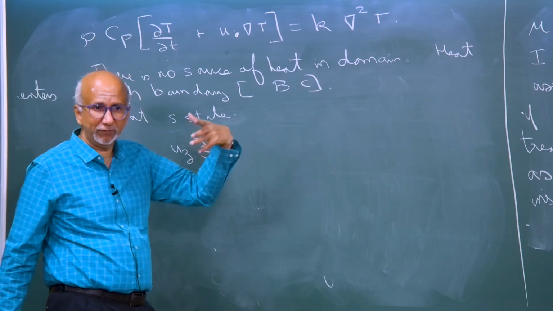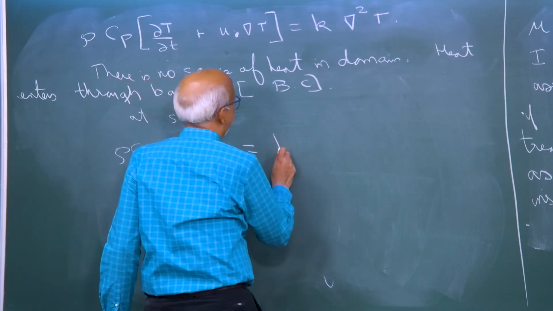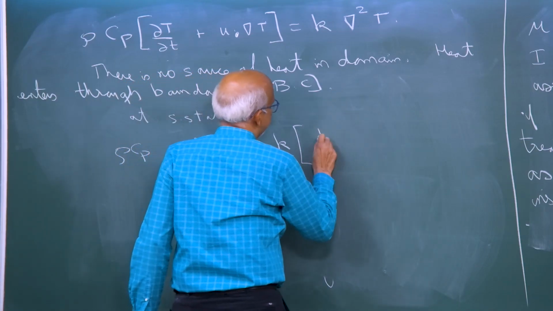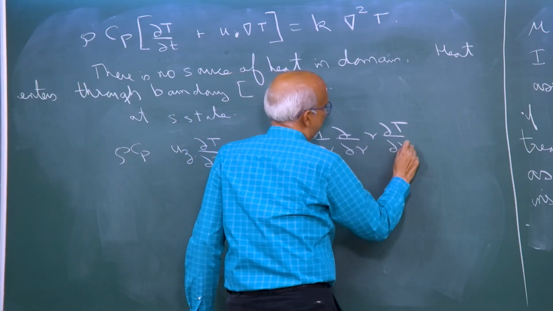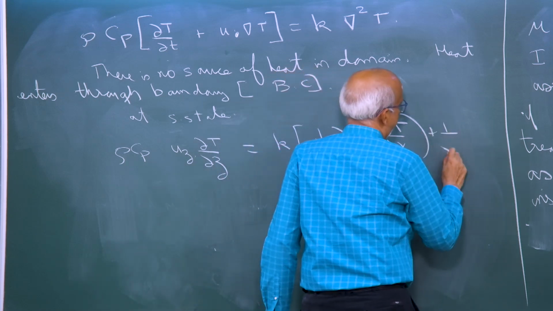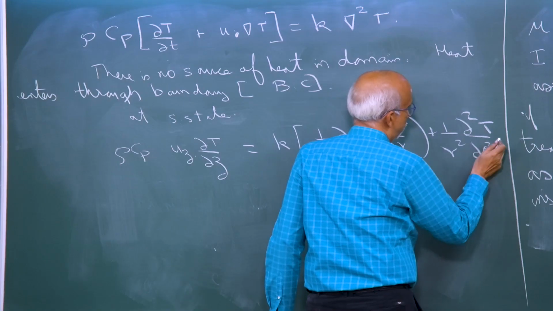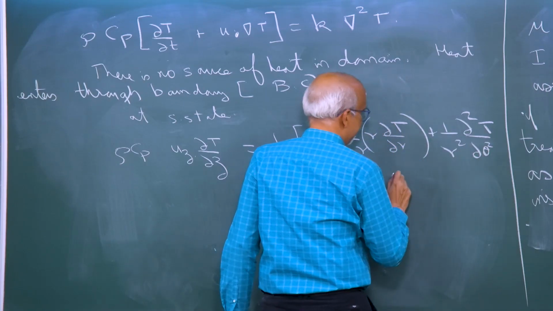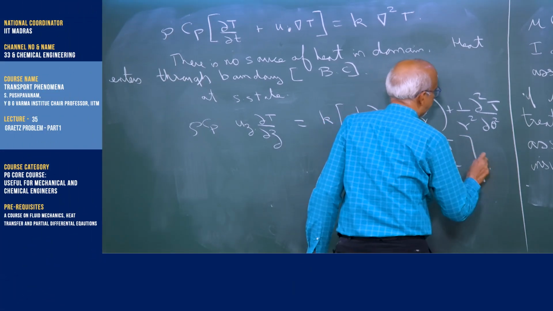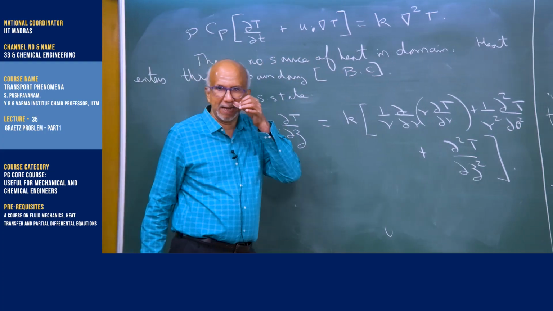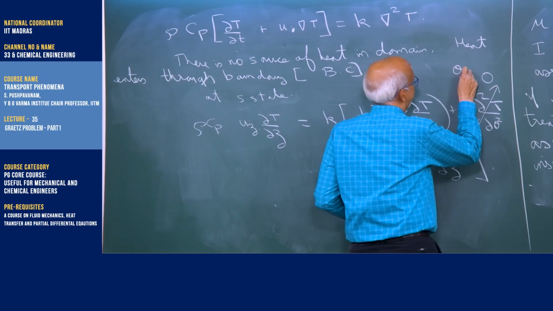So, that is the advantage of that assumption we made, viscosity is constant. And here I have k times Laplacian, which is 1/r d/dr of (r dT/dr) plus 1/r square d square T/d theta square, plus d square T/dz square. Again, because of theta symmetry, the theta term is 0.